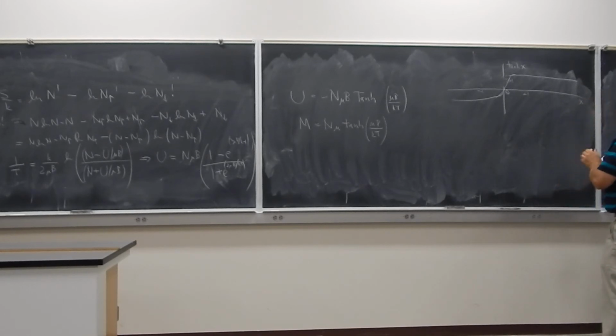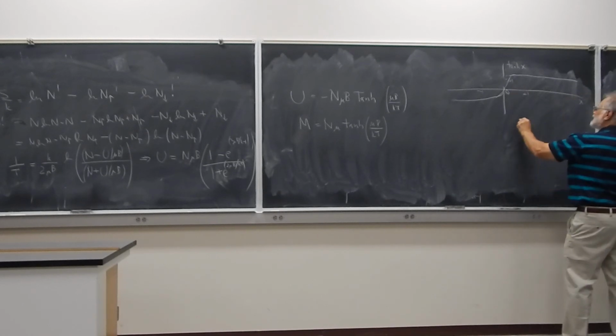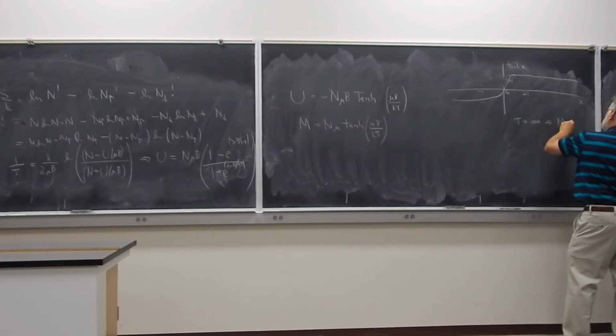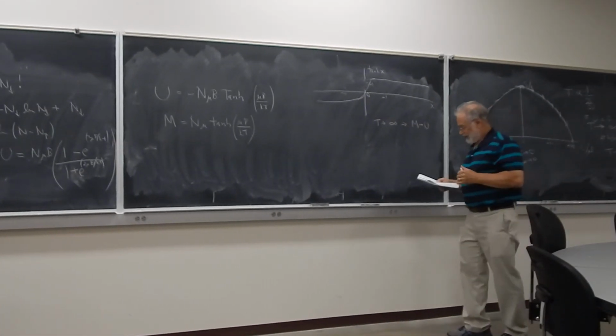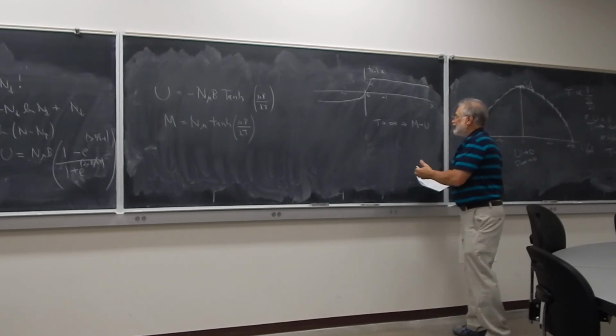So at small positive temperatures, the system's completely magnetized. But as T approaches infinity, the magnetization approaches 0. So to get negative temperatures, all we have to do is give the system a negative magnetization.